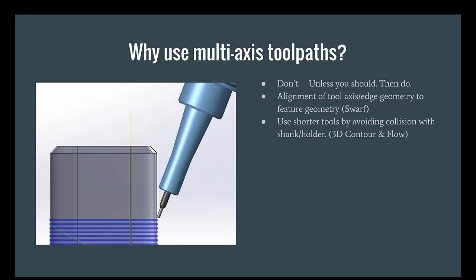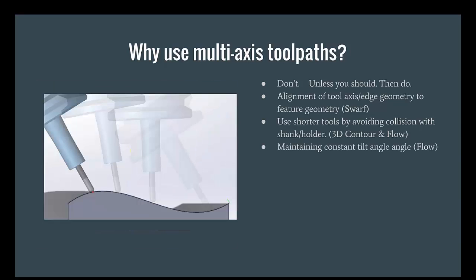And often a little bit of tilt, as shown here, I think that tool has about 20 degrees tilt, which isn't very extreme. It is pretty safe. It would have let this tool get to an area that would otherwise require a tool probably 10 times as long. So both 3D Contour and Flow in HSMWorks have this capability in one way or another.